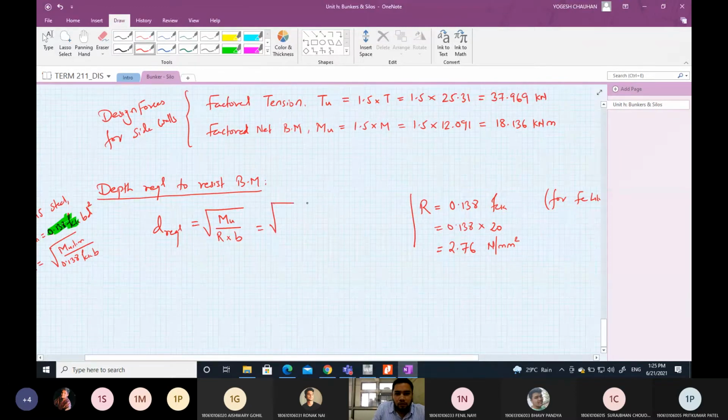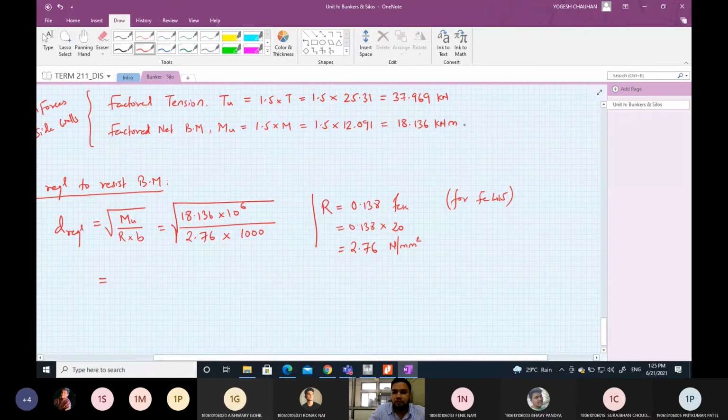So let us substitute that here. M is 18.136 into 10 to the power 6 divided by R, that is 2.76 into width. For 1 meter width we are finding the depth required, because this bending moment is for per meter width of the wall.